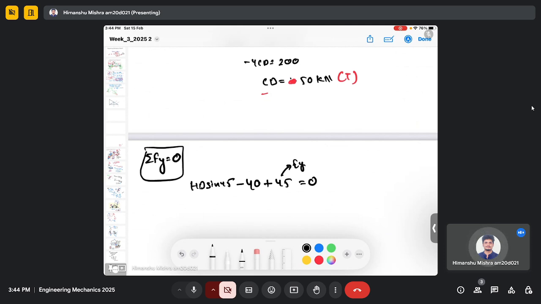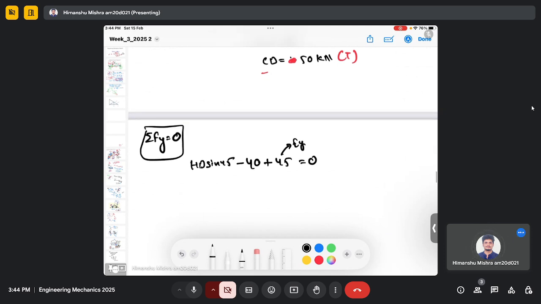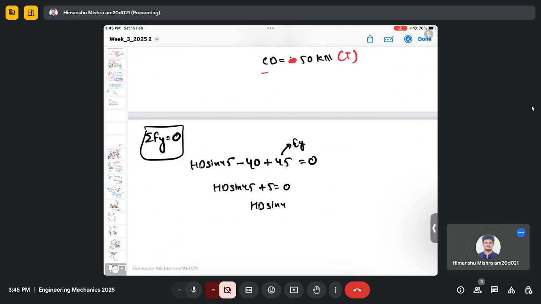We are just doing the force balance in the vertical direction. So it is HD sine 45 plus 5 equals 0. So HD sine 45 equals minus 5.